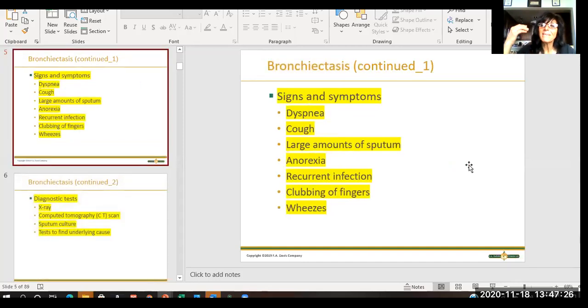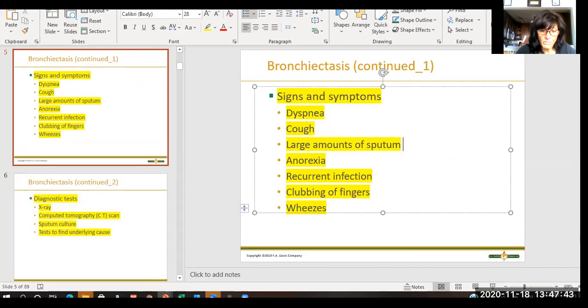Signs and symptoms: dyspnea, which is difficulty breathing, and cough, not just large amounts of sputum, but tenacious sputum. And actually, I'm going to include that word here because I think it's important for people to know.